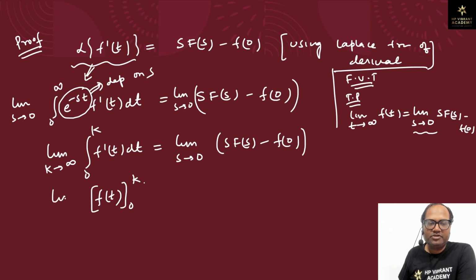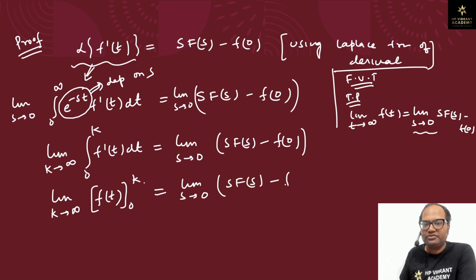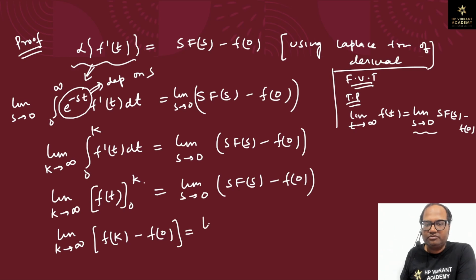Okay, and this is limit k tends to infinity, and this is equal to limit s tends to 0 sF(s) minus f(0). Okay, so now this is limit k tends to infinity f(k) minus f(0). This is equal to limit s tends to 0 sF(s) minus f(0).